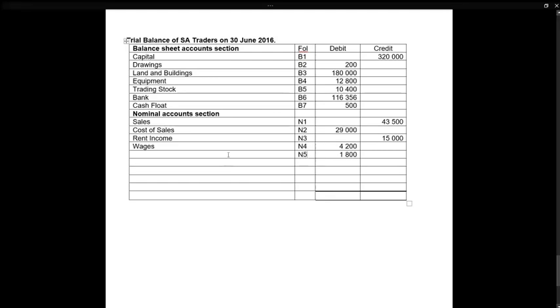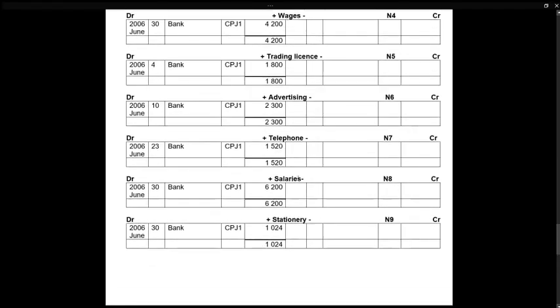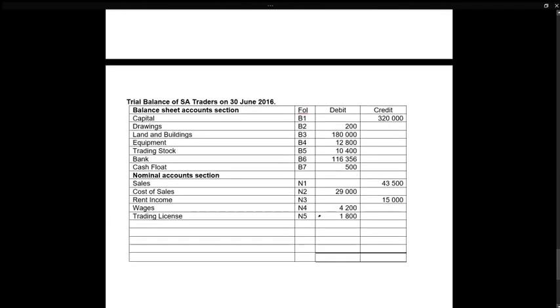N5, trading license. Right, let's go and find N6, advertising with a debit balance of 2,300. N6, advertising.